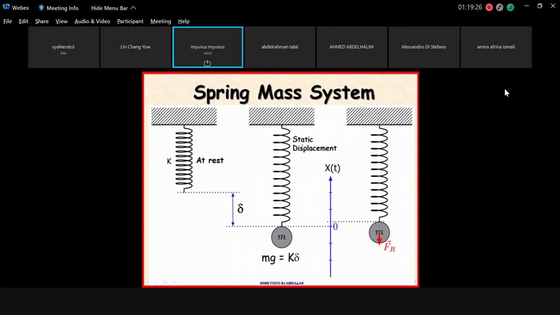This one is static displacement, then you pull down a bit, then you let it go. As you let it go, it keeps oscillating between the maximum and the minimum due to the weight and also due to the stiffness of the spring.